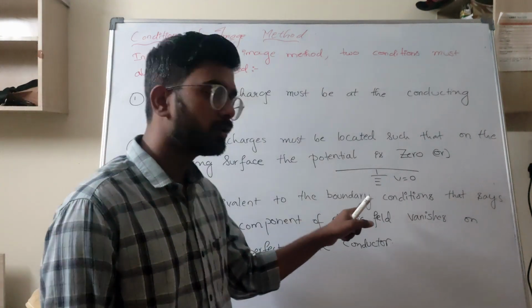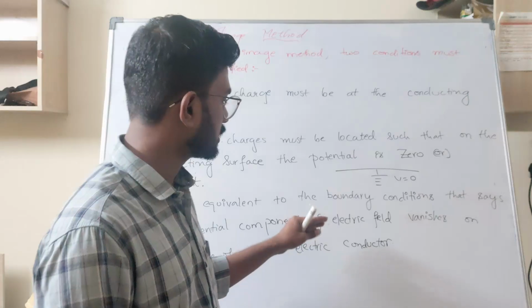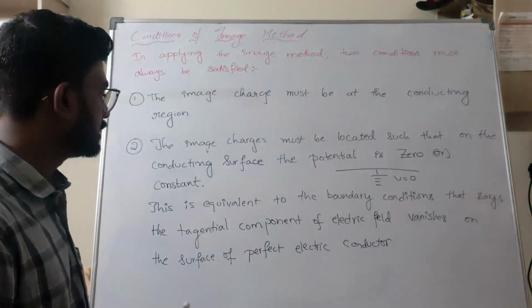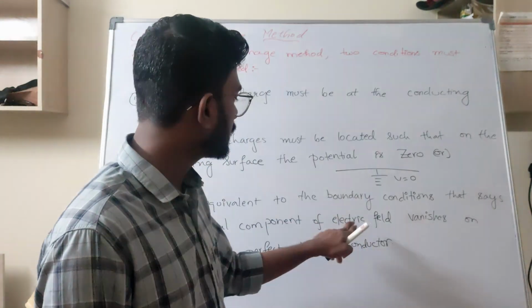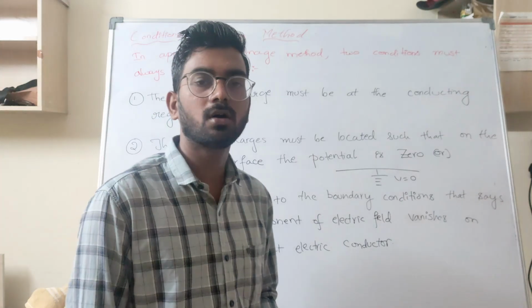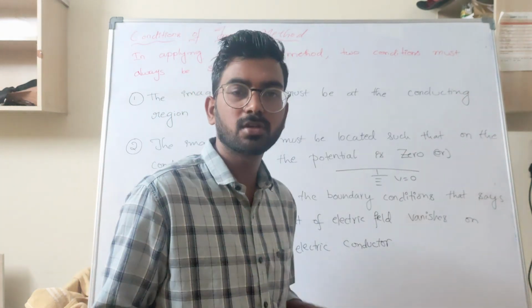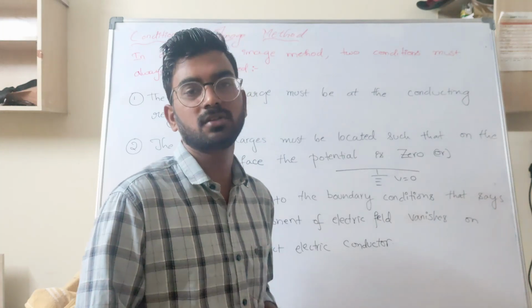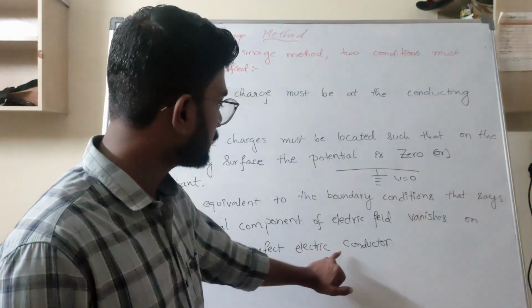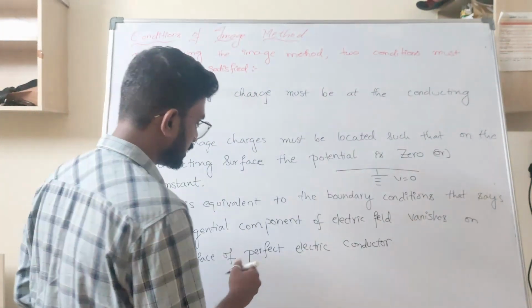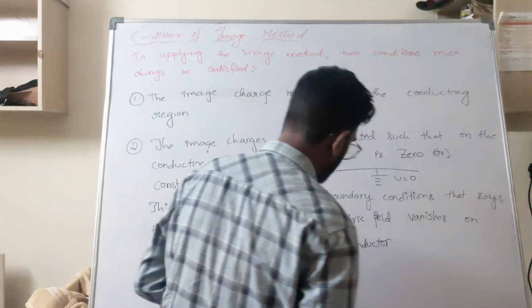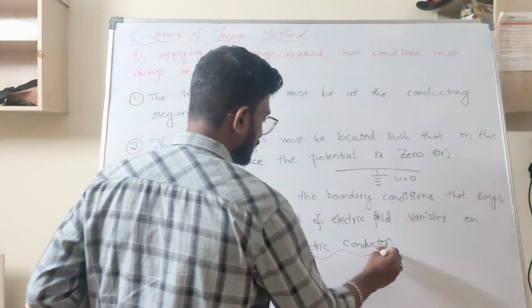So if you want to satisfy the given potential with the boundary condition, the tangential component of the field should vanish, because if the tangential component is present, due to the charge distribution there is a creation of electric field inside. But we are considering a perfect electric conductor. For a perfect electric conductor, E is 0.